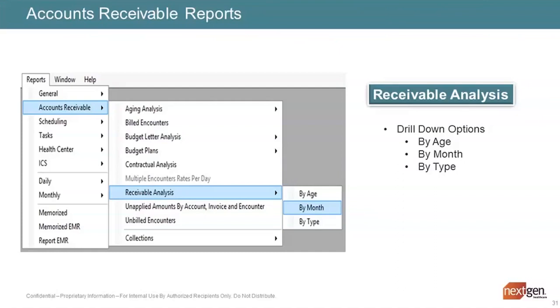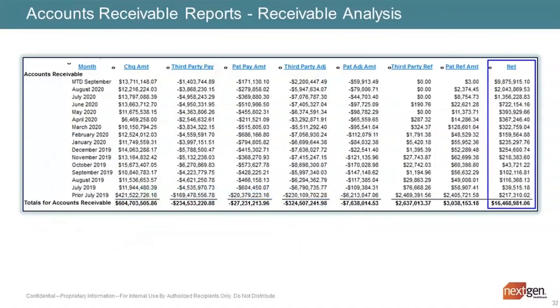The reason I love this is because it tells me how you're liquidating your AR. When you run the report, the charges from a specific processing month, your charge amount here will not change.